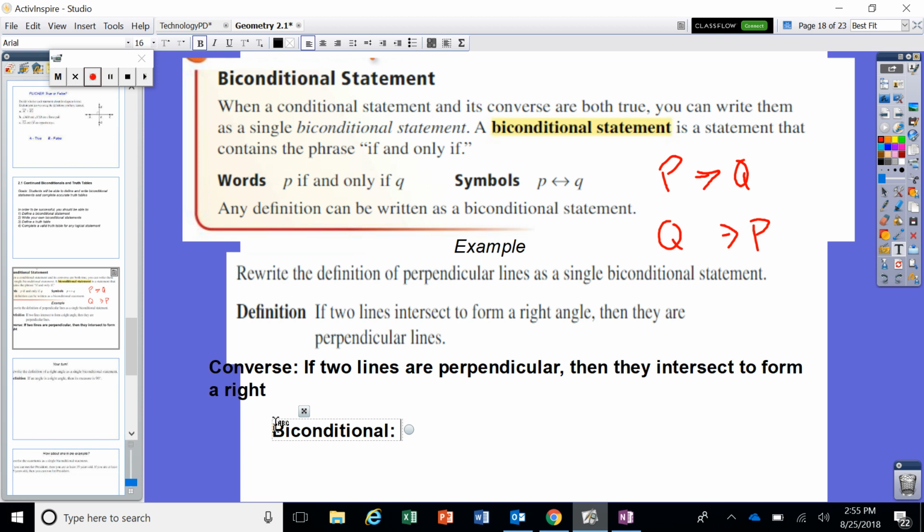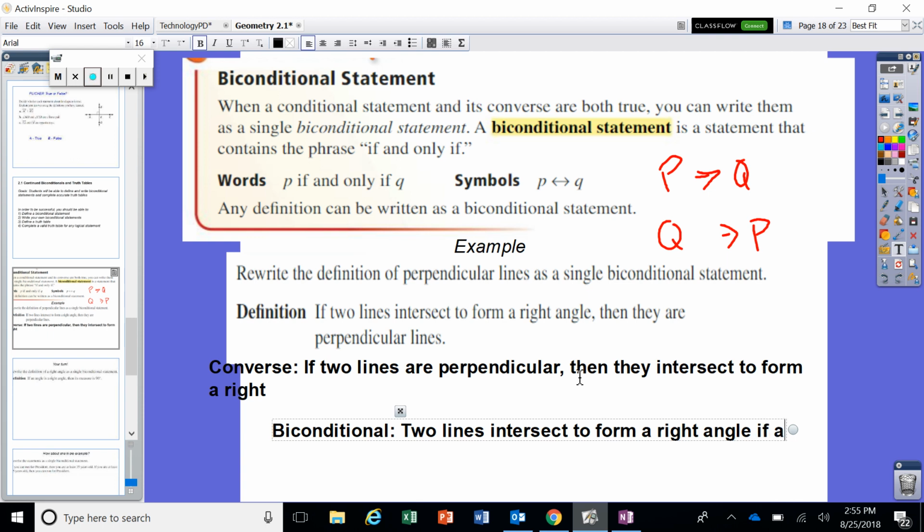So how about we talk about the lines forming a right angle first and foremost. 2 lines intersect to form a right angle. Now, our goal is to think about, well, what is the possibility for 2 lines to intersect and form a right angle? Well, what is true about those lines? Well, we've already discussed that if they're going to form a right angle, they have to be perpendicular to one another.